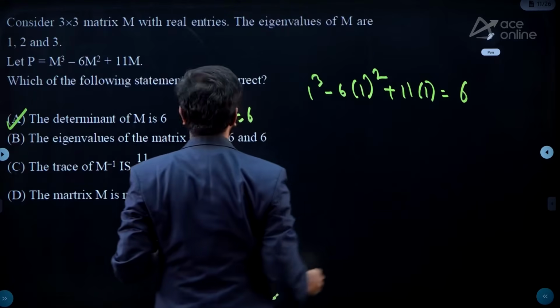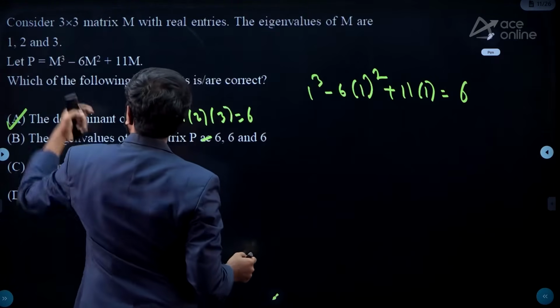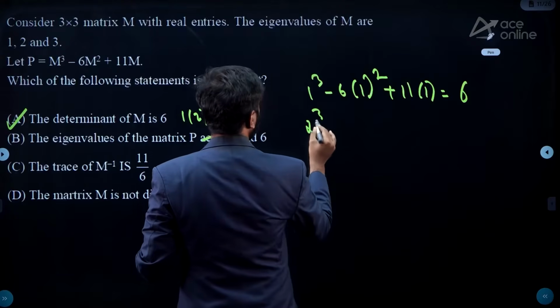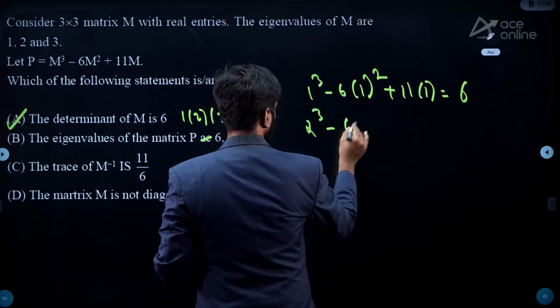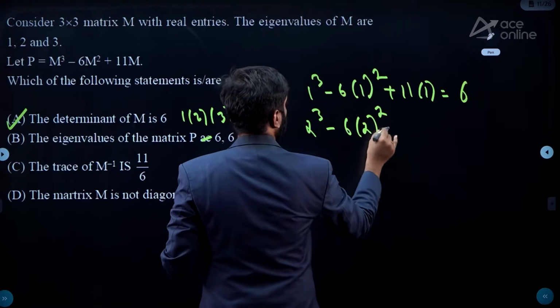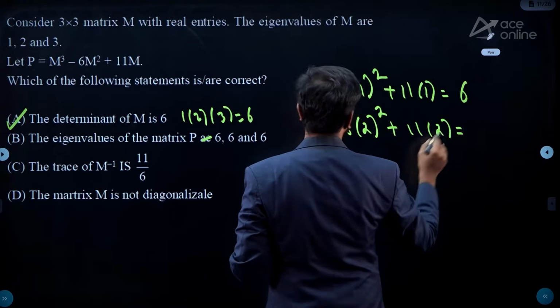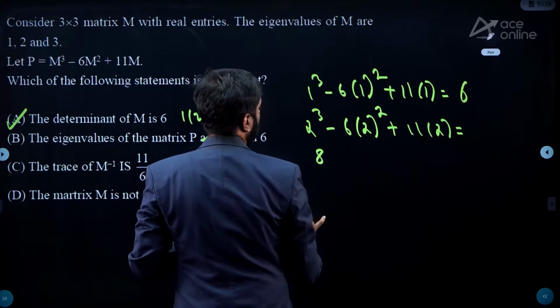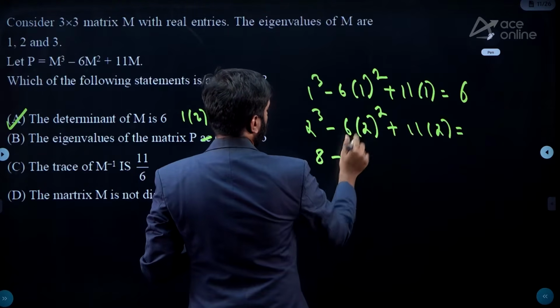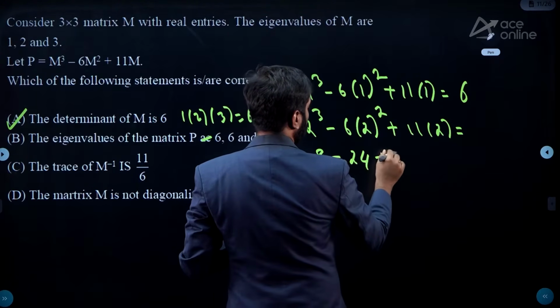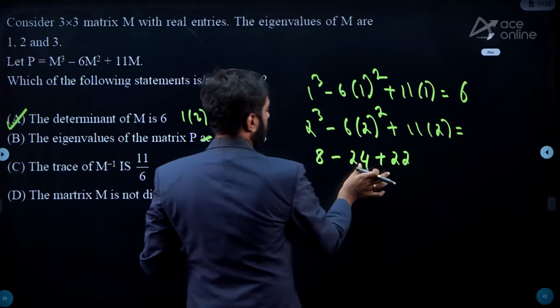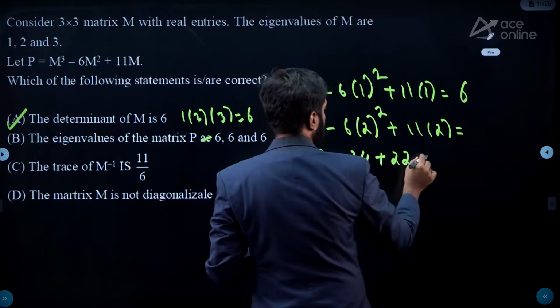The first eigenvalue is 6. I have to put 2 here. 2 cube minus 6 into 2 square plus 11 into 2. How much is this? 8 minus 24 plus 22. This is minus 2 plus 8 is 6.